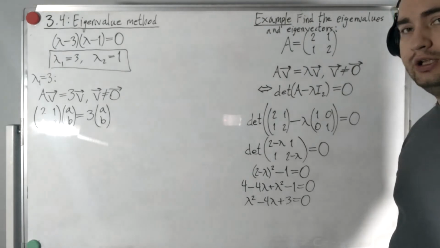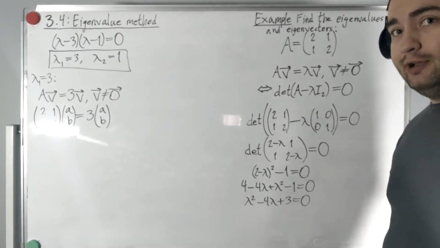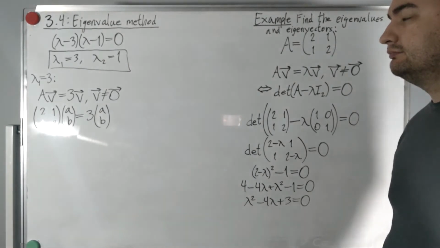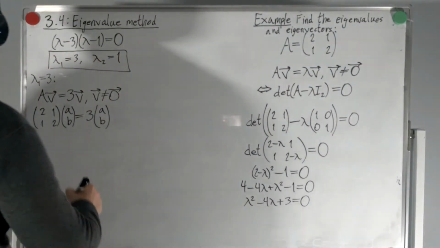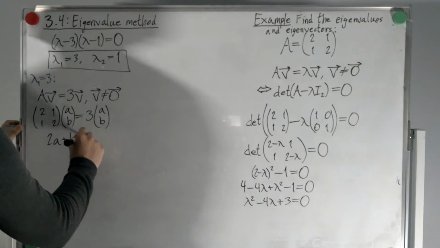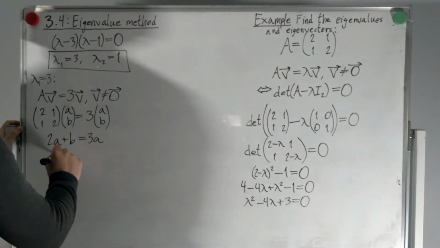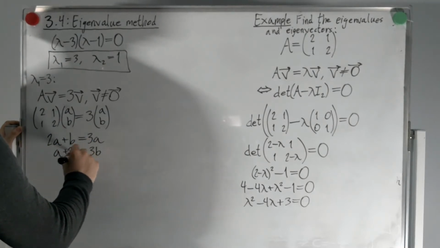Okay? And if we can solve for A and B, then we'll be done. So you look at this and you realize, well, this is the same as saying 2A plus B equals 3A. And meanwhile, A plus 2B equals 3B.